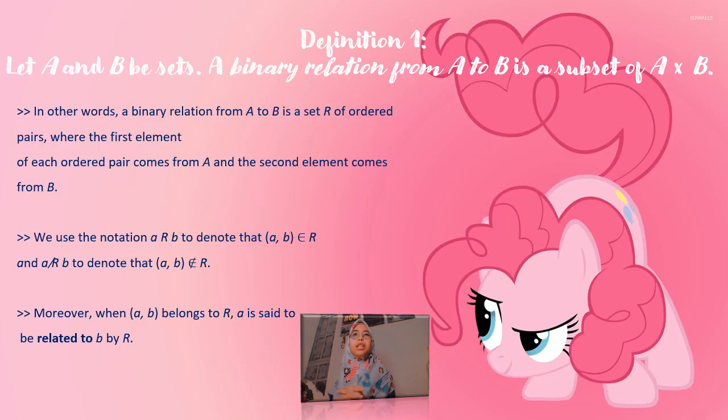For the definition of relation, first, let A and B be sets. A binary relation from A to B is a subset of their Cartesian product.